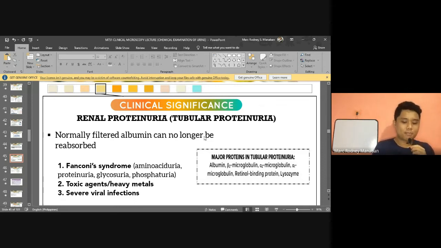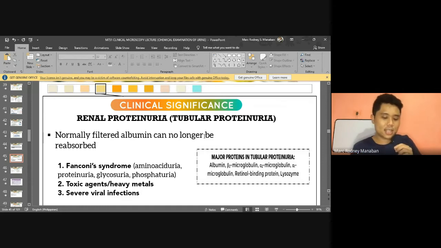Remember? In patients with Fanconi syndrome, there is amino aciduria, proteinuria, glycosuria, and phosphaturia. Because again, your tubules are defective in reabsorption. Okay? Other causes are toxic agents, heavy metals, and severe viral infections, which could have altered or damaged your tubules.